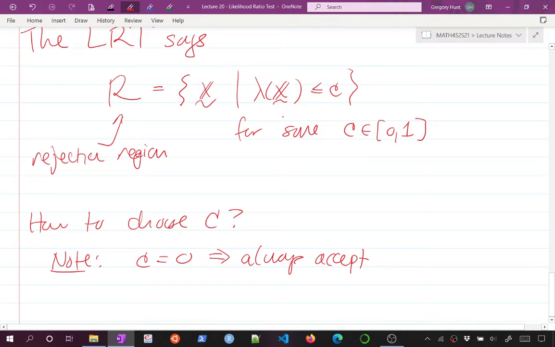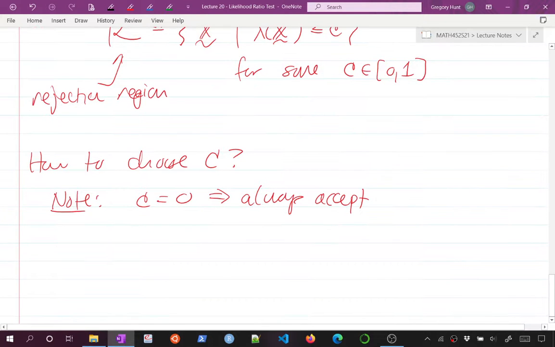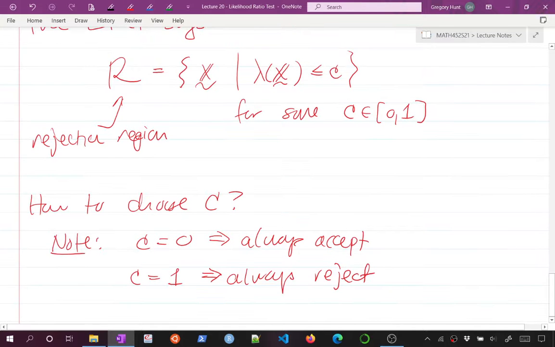It's basically saying we're only going to reject if the likelihood is exactly 0. If we set C as 1, then we're always going to reject, at least in a continuous case. In a discrete case, you could observe some lambda exactly equal to 1, but then lambda is always less than or equal to 1.